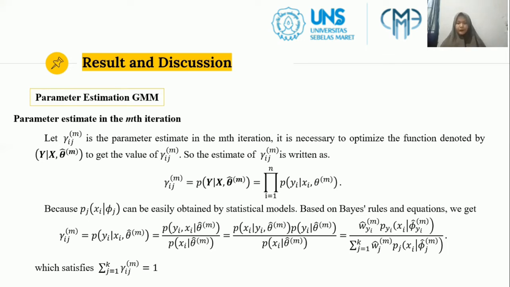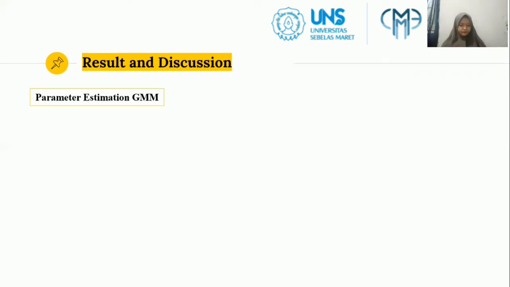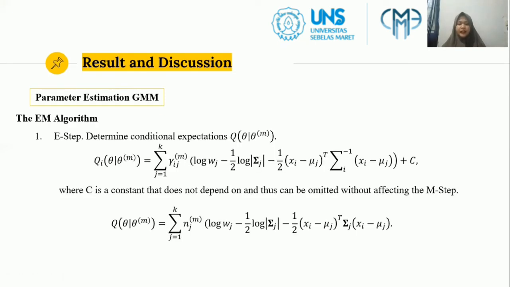Because the probabilities of Xi with condition Cg can be easily obtained by the statistical model based on Bayes rule and the equation, we get this, which satisfies the sum of gamma Yig equal to 1.